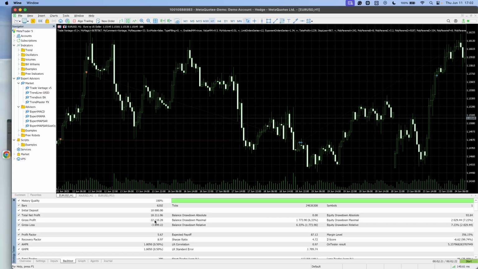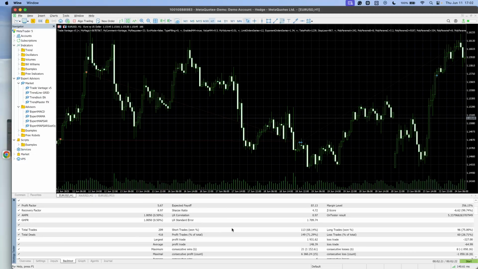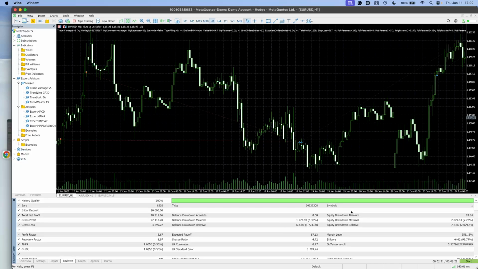It also has a profit factor of 5.67, a 71.29% win rate, and all of this was on 209 total trades. Also, the max drawdown stayed reasonable: balance was around 6.3, while equity was around 7.23 for the max drawdown.